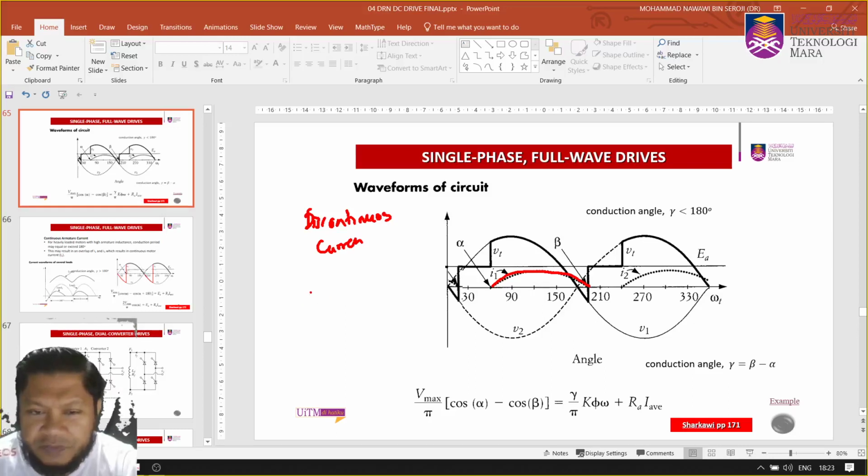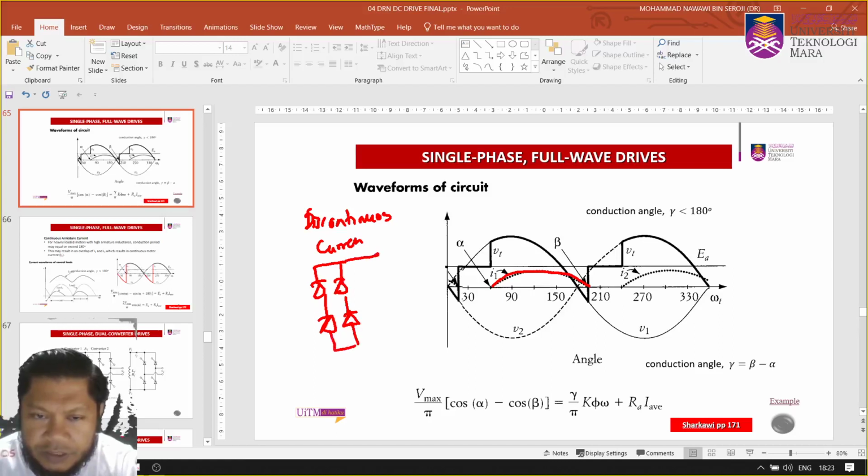If I may quickly draw that again, then you have this, and this is your VT, your terminal voltage here, the thyristor, and then your supply connected at that point.